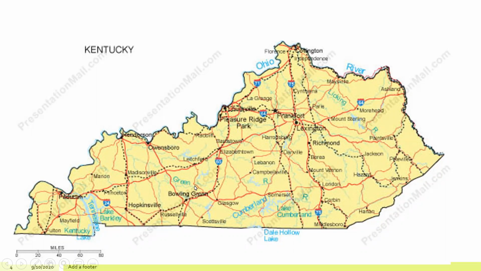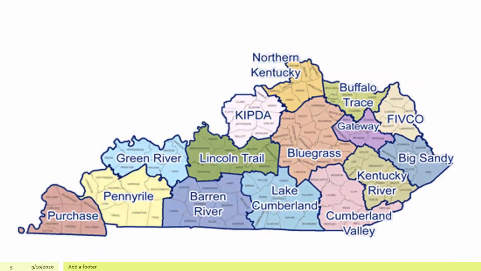What I wanted to share more importantly, though, was how we identified what we were going to be about in this community-based project. So again, looking back at the map, we are in the Barren River region, which is actually a division of the state that was done for development reasons.